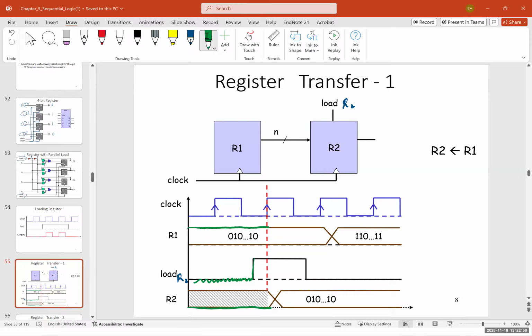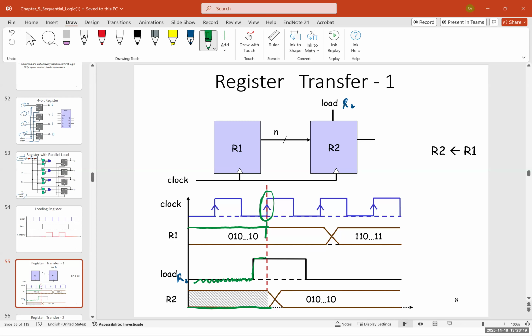But at this point, load becomes 1. It means that R2 is now able to load data. But the problem is we don't have any clock because this is a rising edge clock system. It's a flip-flop. So we are not able to change its output unless we have the next clock coming in.